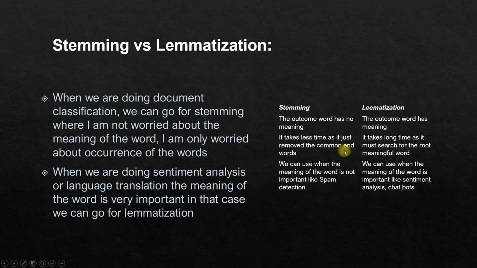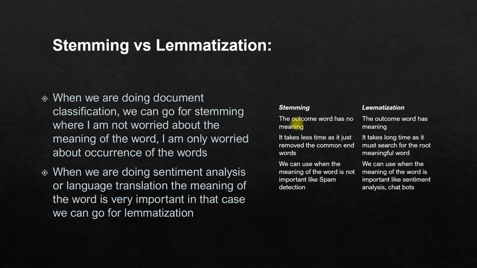These are a few differences. We already saw that with stemming, the outcome of a word doesn't have any meaning. We saw studying, studies, studied. When you pass those words to stemming, it will be studi, which itself doesn't have any meaning. We don't have any word like studi, which is like study, not i.